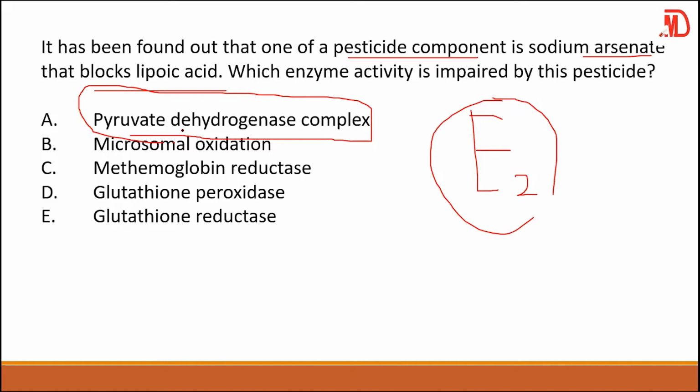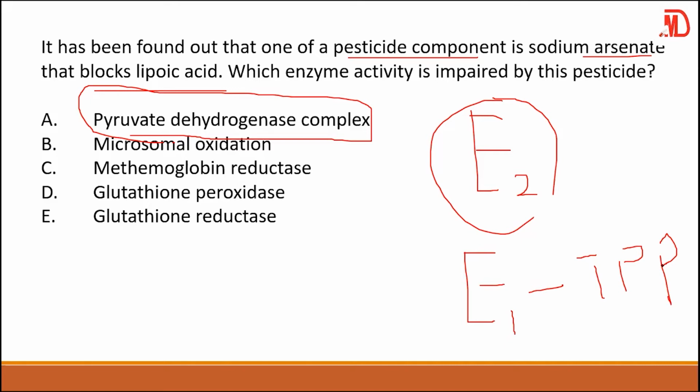For the purpose of learning, this complex comprises 3 enzymes. One is the E1, which has TPP as a cofactor, the thiamine pyrophosphate.